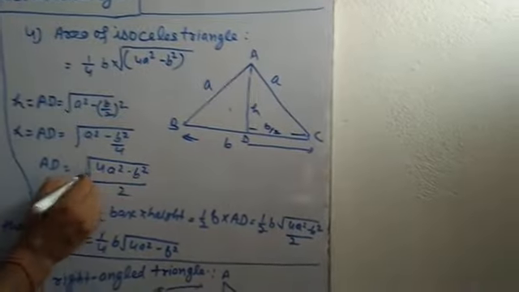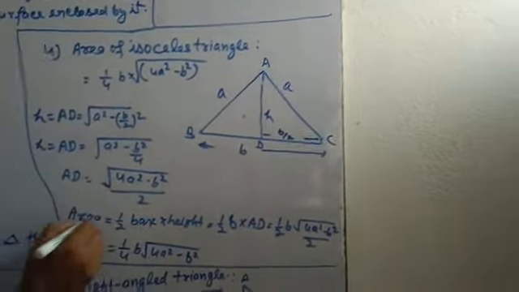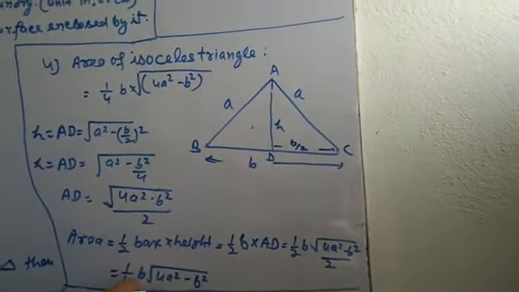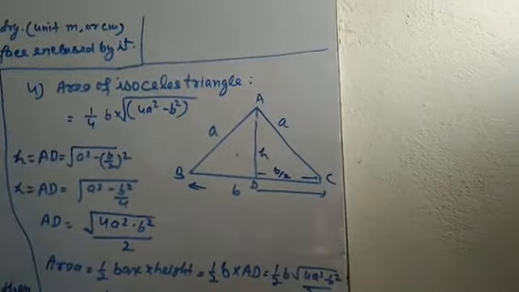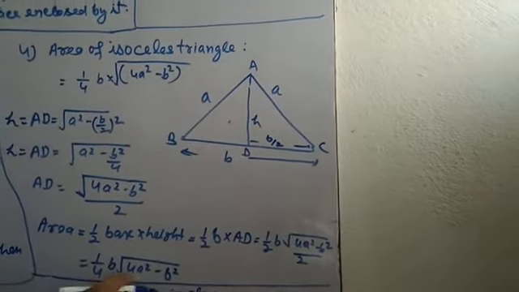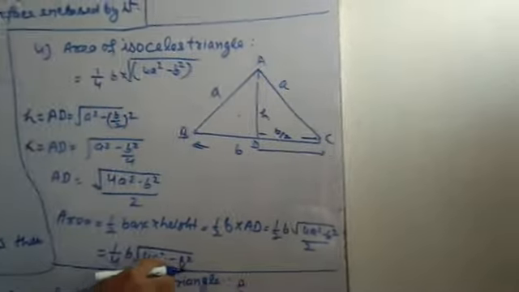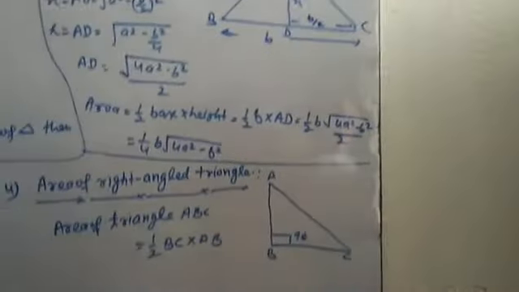We will get root of A square minus B square by 4, or root 4A square minus B square upon 2. Area is 1 by 2 base into height, 1 by 2 base B into height AD. For the value of AD, we will get 1 by 4 B root 4A square minus B square.